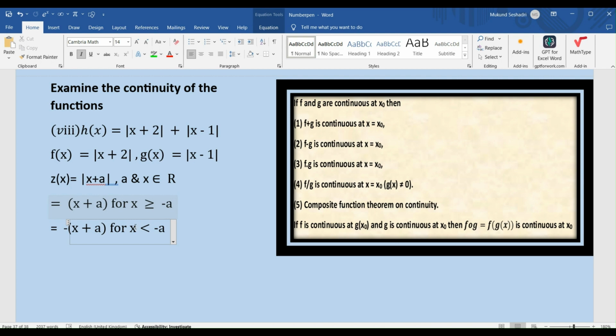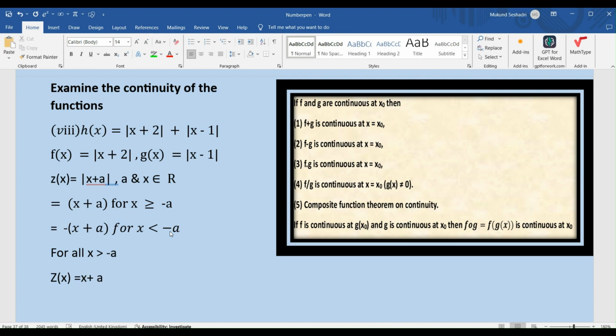So now let's examine the continuity of the mod function from this angle, right? So let's pick up all x greater than minus a. Let me write this down in the next line. For all x greater than minus a, our function is x plus a, right?